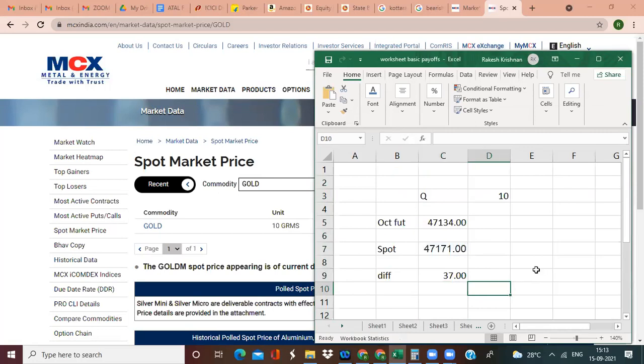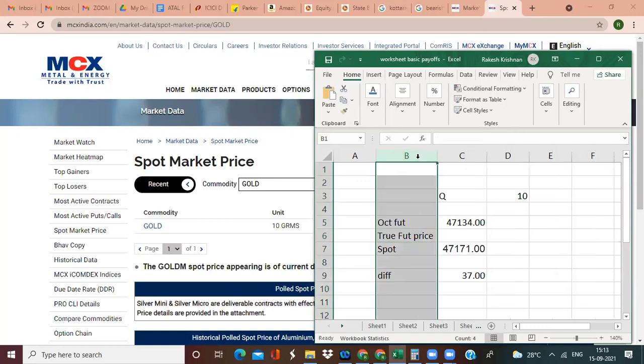Now, we discussed, what should be the futures price? The cost of carry model, or the true theoretical futures price, should be spot price plus cost of carry.